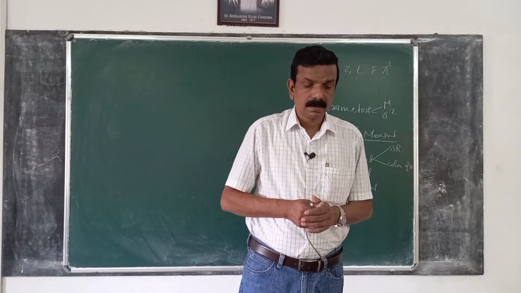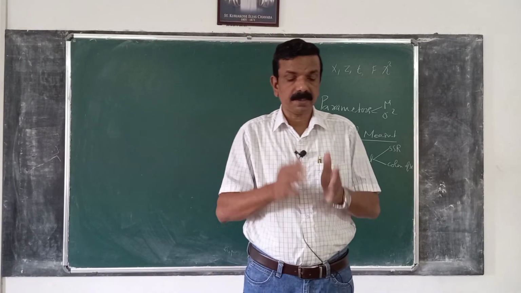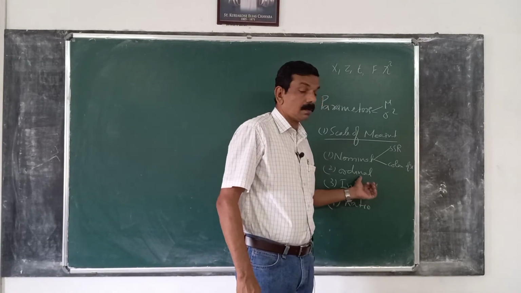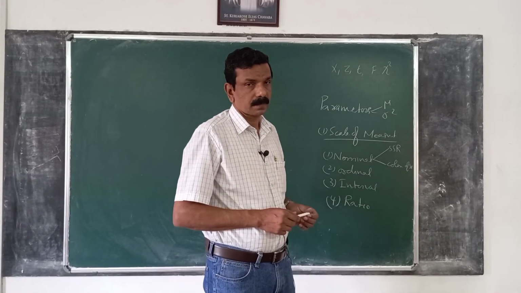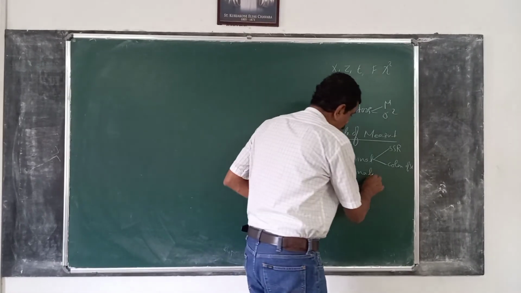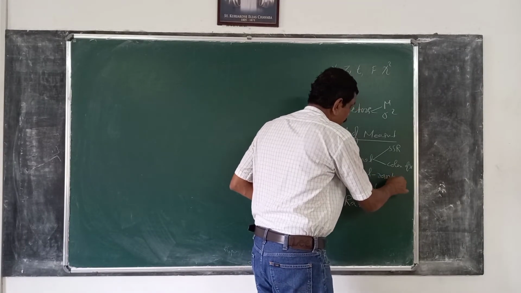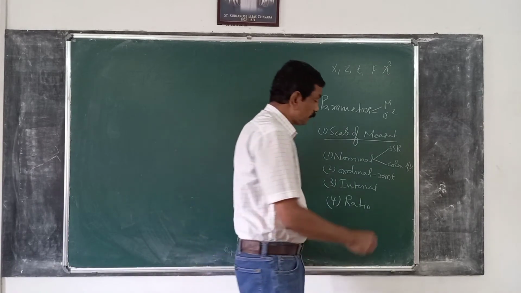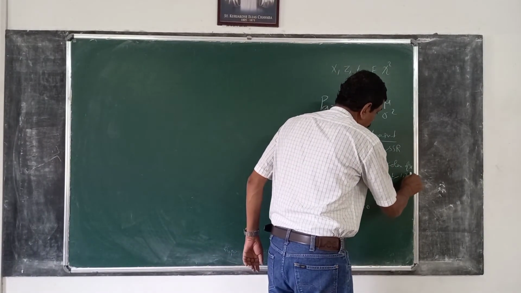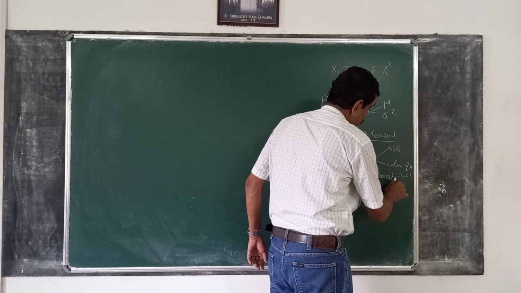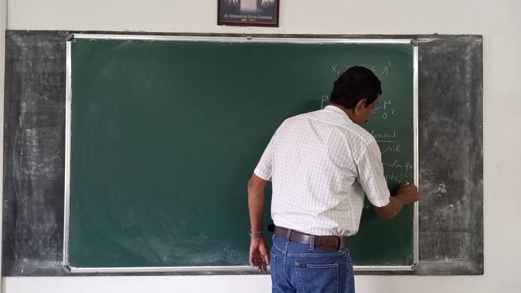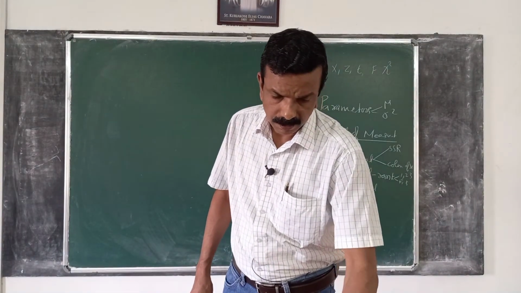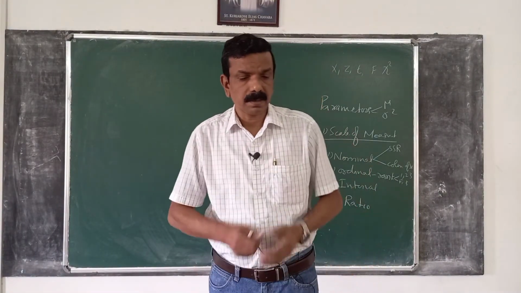Ordinal scale: scale of measurement is ordinal if the data can be used to rank or order observations. Ordinal scale is numeric if the ranks are given as 1, 2, 3, etc., non-numeric if first, second, third, etc. Then we have the interval scale.